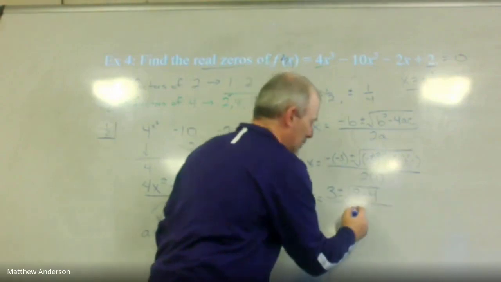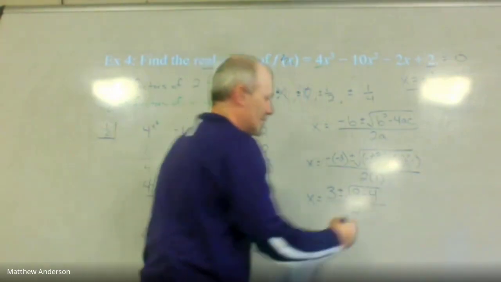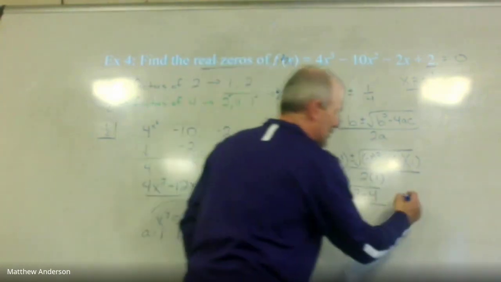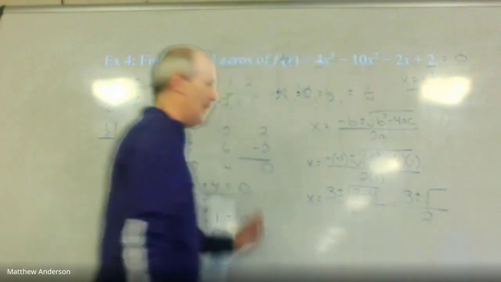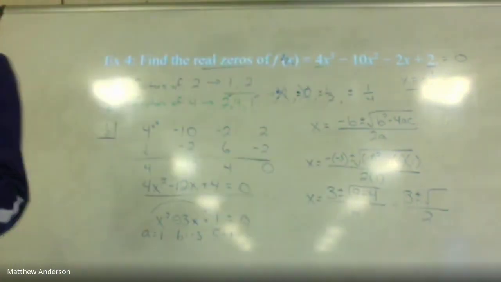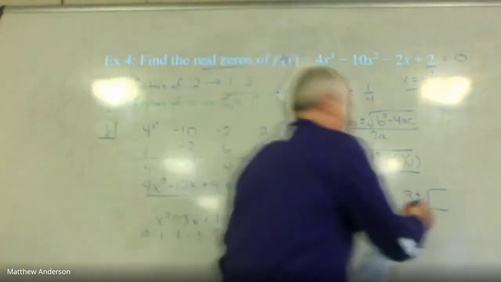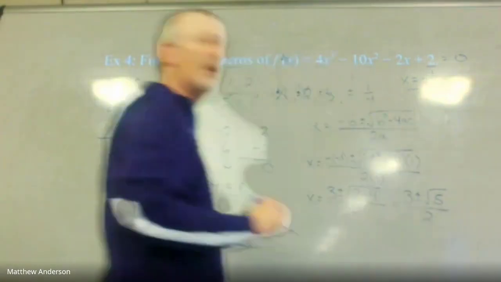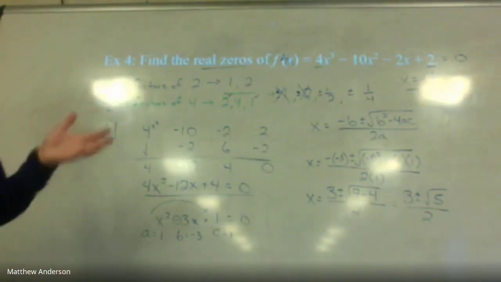And then 2 times 1 on the bottom is 2. And then simplifying inside that radical again, we just leave the 3 alone. And we leave the 2 alone, but 9 minus 4 is 5. Can we break down the 5? No, we cannot. Okay, so the 5 can't be broken down.